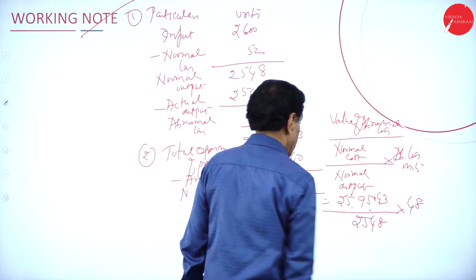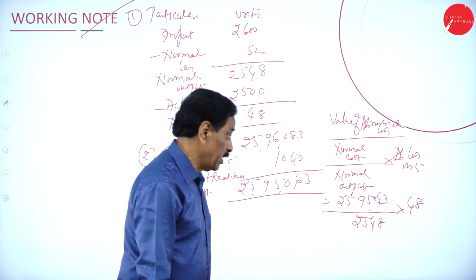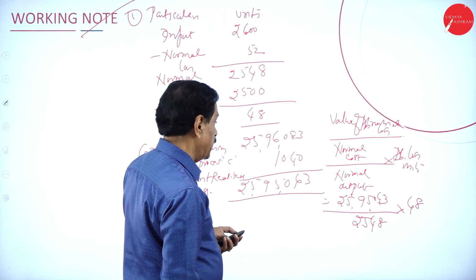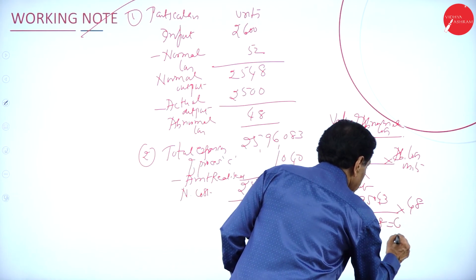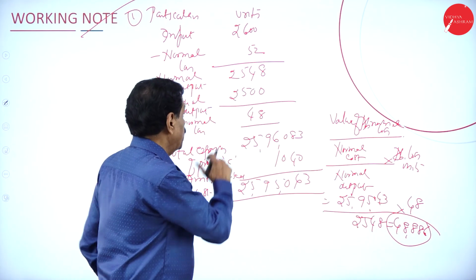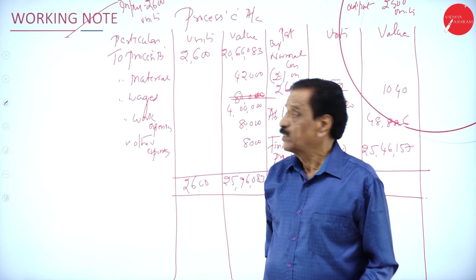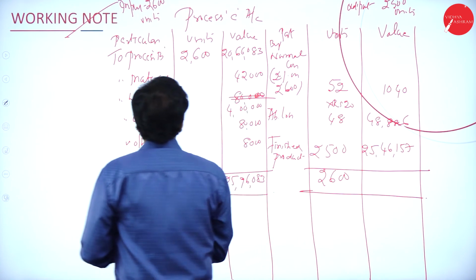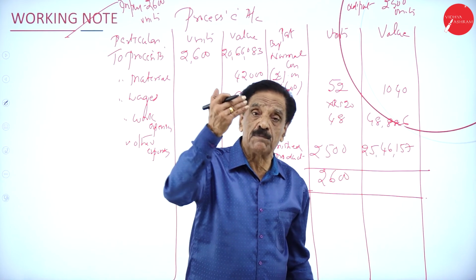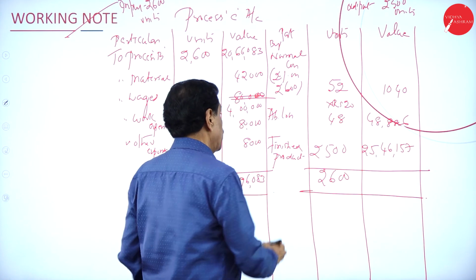Value of abnormal loss: normal cost divided by normal output into abnormal loss units. 25,95,043 divided by 2,548 comes to 48,886. If there is abnormal loss, it will come on the credit side. If abnormal gain, that will come on the debit side. So for all problems, you have to put input and output. Process A output becomes the input for process B. The process B output becomes the input for process C. We'll get the finished product.